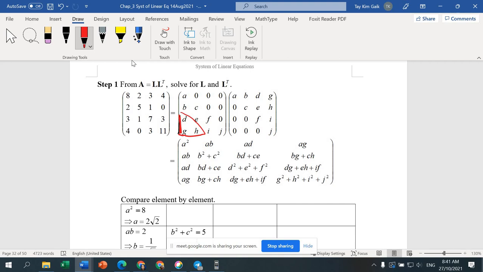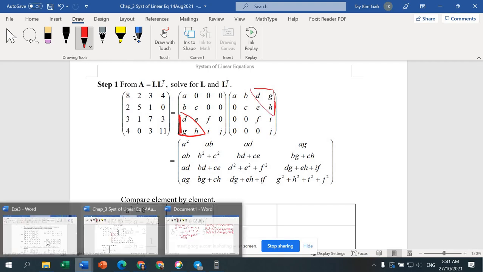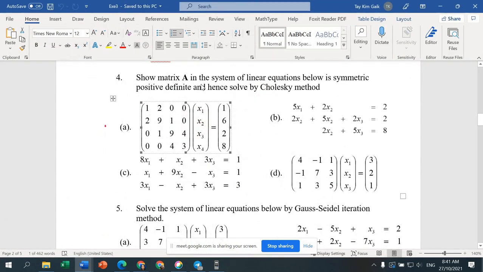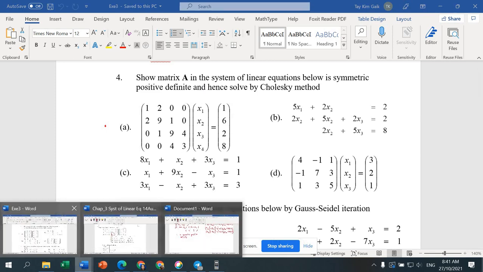In the U, the diagonal of U is 1, and then these 4 and 3 are 0. Because that question also, this one you can solve using Thomas. But if you put all that part as 0, it means you're using the Thomas method.